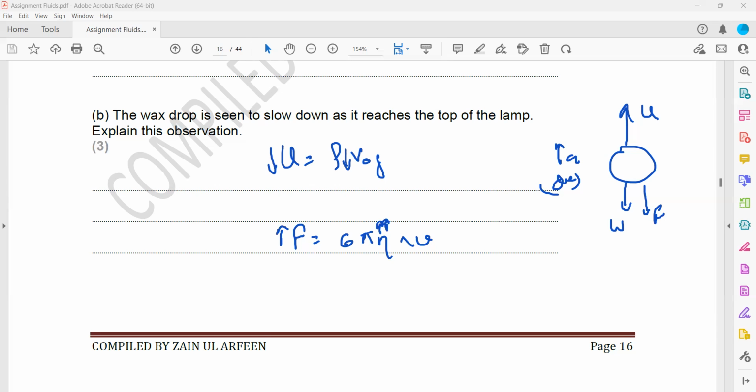That's why the resultant force will decrease, so the acceleration also decreases, because the resultant force decreases either if the upthrust decreases or if the viscous drag increases, because viscous drag opposes the motion. So upthrust equals weight plus the viscous drag, or upthrust minus weight minus viscous drag equals ma.